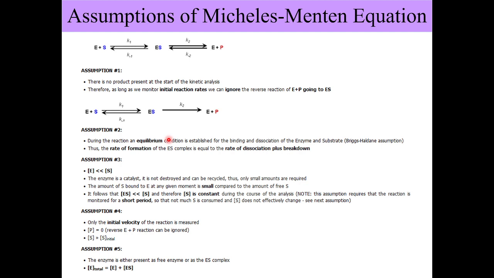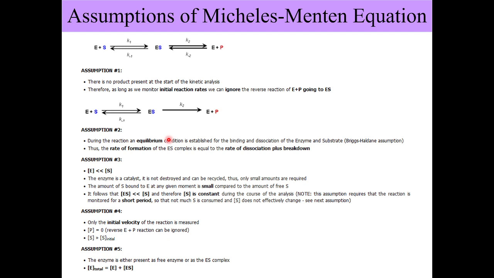The amount of substrate bound to the enzyme at any given moment is small compared to that of the substrate. So it follows that the enzyme substrate complex is also very small compared to the substrate, and therefore S is constant, substrate concentration is constant during the course of catalysis.